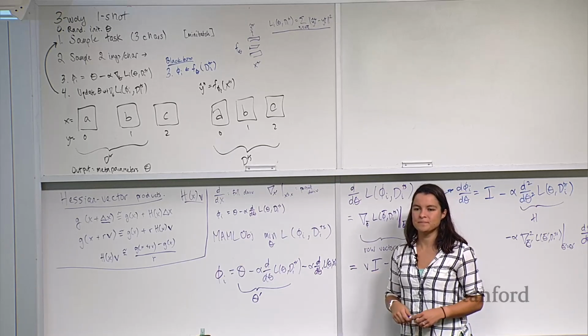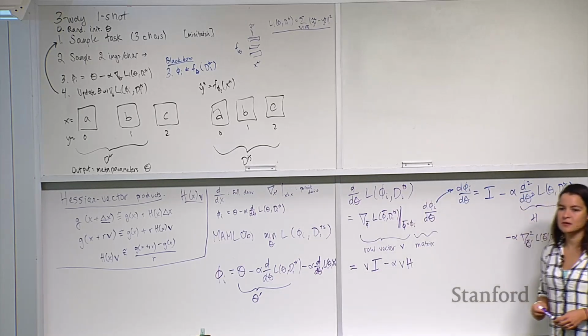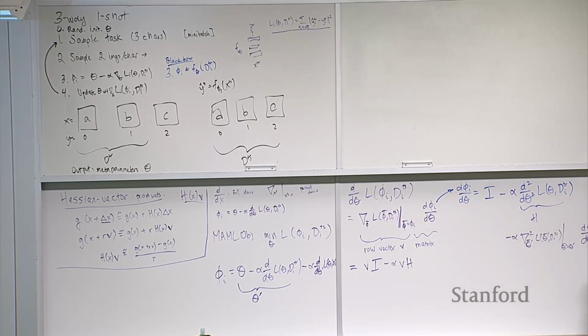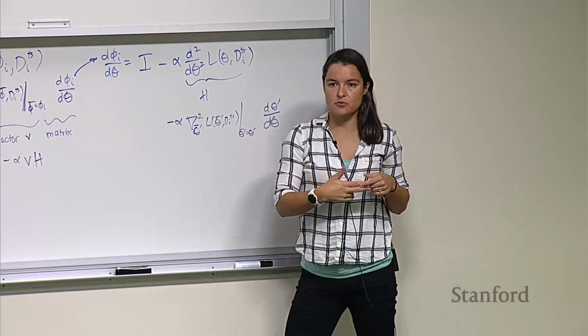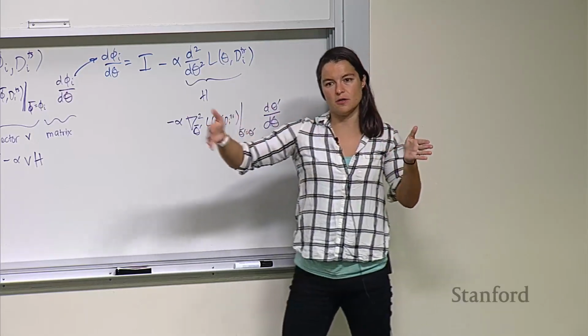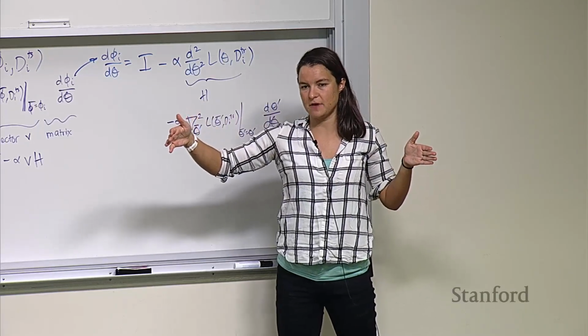How do I know theta prime at 4th step when I've already completed the multiple gradient steps at the 3rd one? When you actually backprop through, you need to actually store all the intermediate parameter vector values.